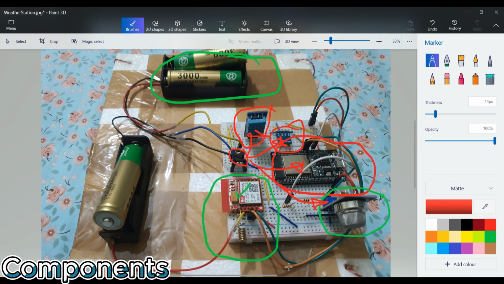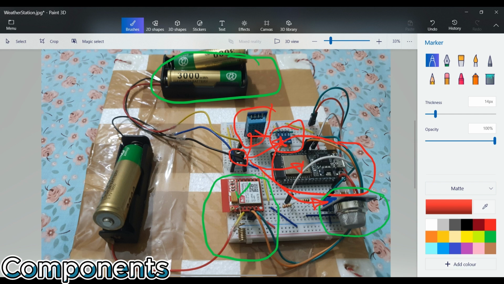Now, another important thing I would like to tell you is that the analog value that the MQ2 gas sensor gives us will be at most 5 volts. So if you go through the ADC, the analog to digital conversion, you will get at most 5 volts, but the analog pins or the digital pins of the ESP32 board are 3.3 volt tolerant.